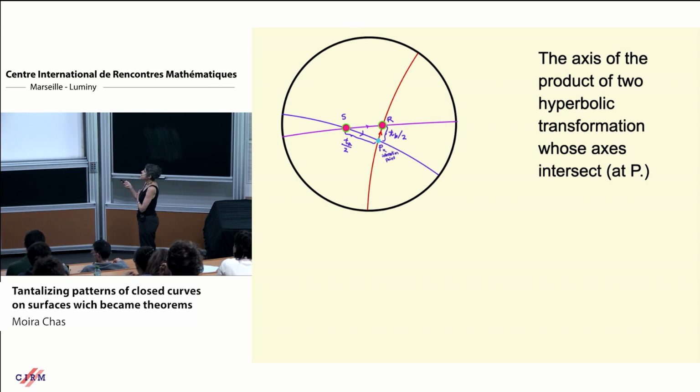The blue is A, so I mark half the translation length of A. Then, again from the intersection point, going forward, I mark a point at half the translation length of B. Now the transformation A is, I'm going to reflect 180 degrees about P. I've written that down.